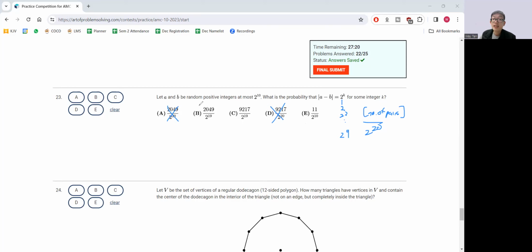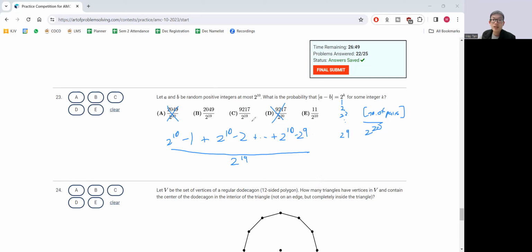So the number of pairs, if they differ by 1, you have got 2 to the 10 minus 1. Then if they differ by 2, you get 2 to the 10 minus 2. Okay, I see where this is going. This is just like that, over 2 to the 19, because these can all be reversed.